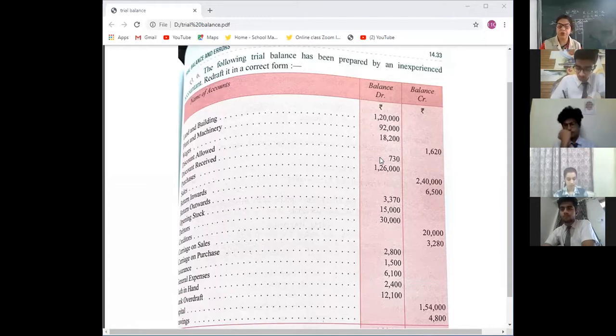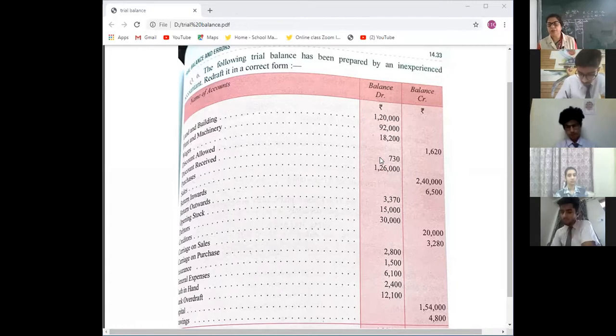It is shown wrong. You can see the given trial balance. Bank overdraft should be transferred to liabilities. Then capital must be on the credit side and it is given in credit, means it is right. And drawings. Drawings means personal expenditure, that should be debited. So my dear children, please note down these two.